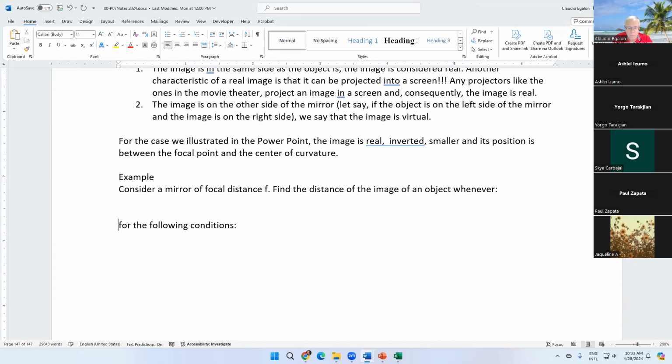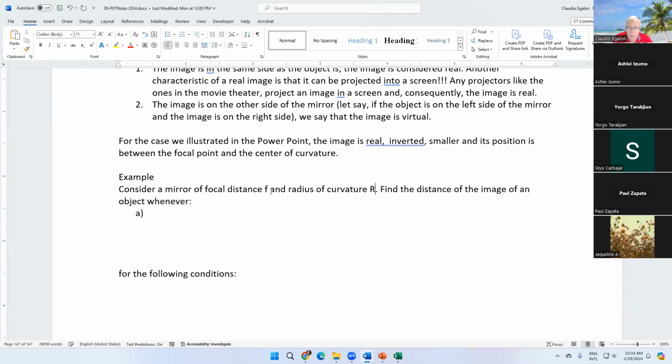whenever a radius of curvature R from the mirror.